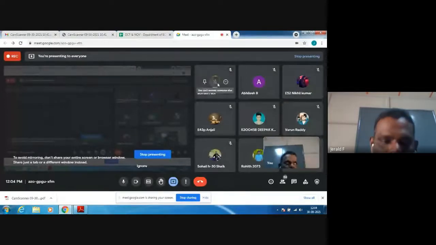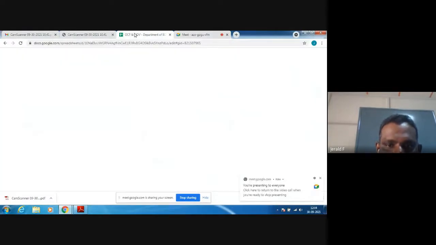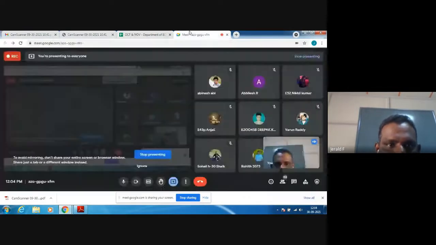So this is the first configuration, the common base configuration, and next we will go for the common emitter configuration.